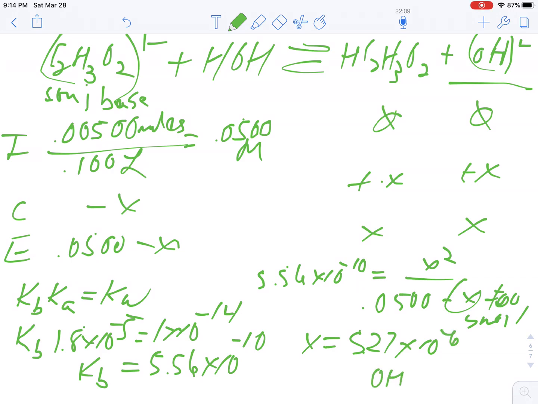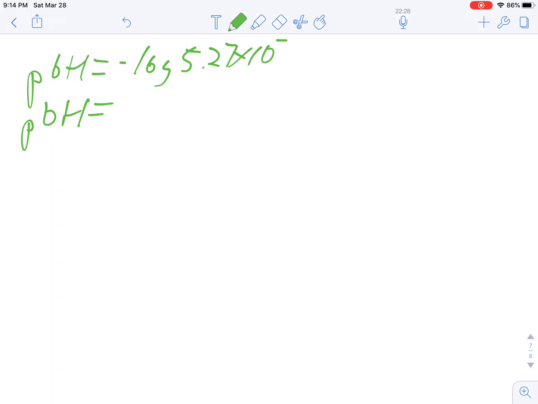Don't forget, this is the concentration of OH, right? That's why we label everything. So then my pOH is 5.27.